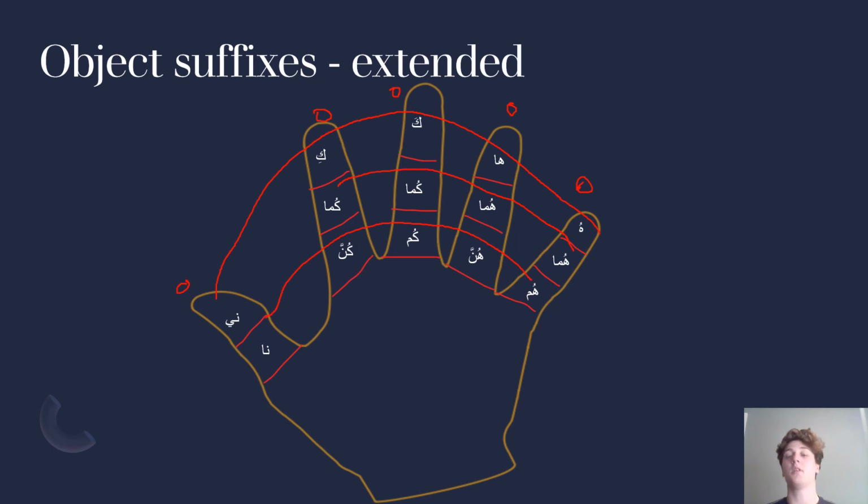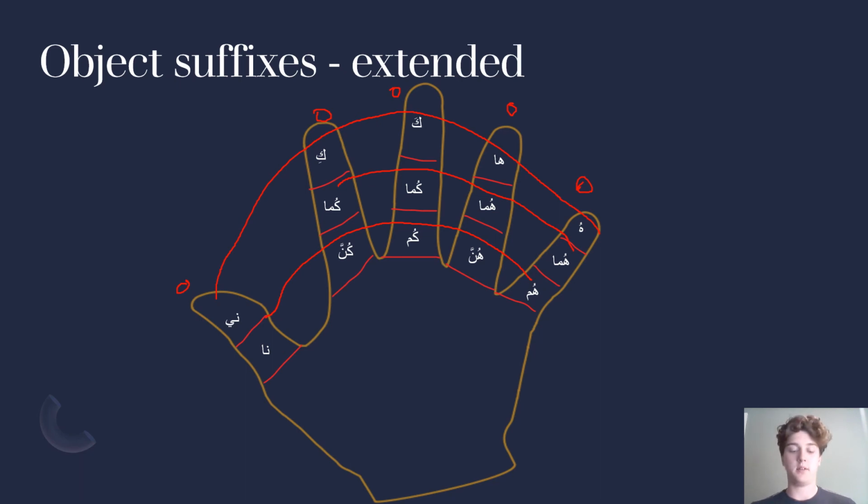So we've learned a few of the singular and one of the plural object suffixes, but now we're going to learn the rest. So hu, huma, hum, ha, huma, hunna, ka, kuma, kum, ki, kuma, kunna, and ni, na.